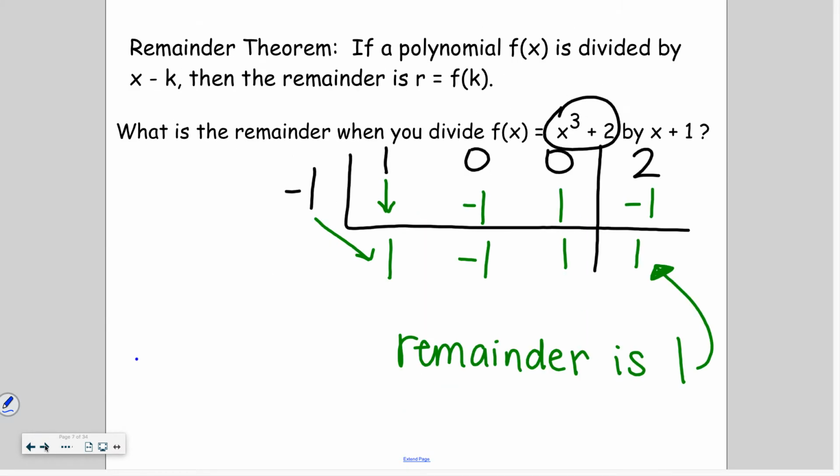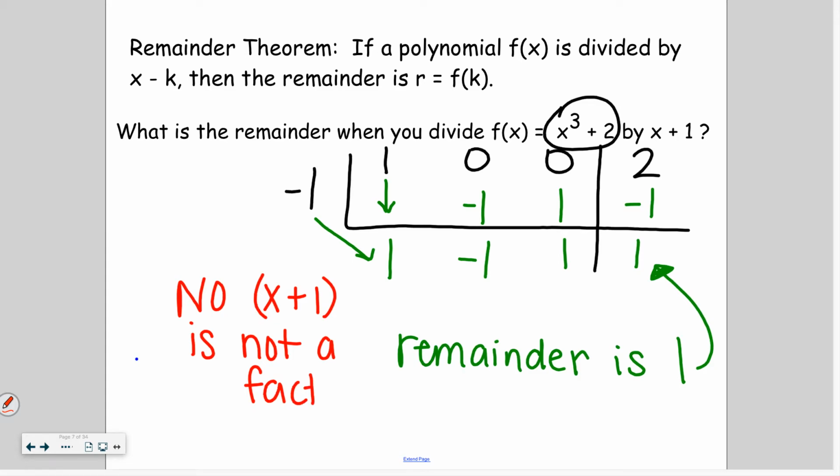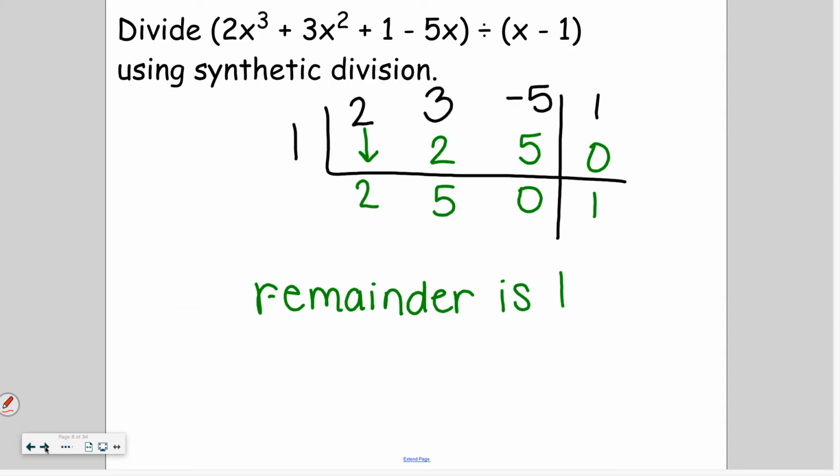Okay, so if I look at this one, my remainder is 1. So this would be a no. No, x plus 1 is not a factor. Our reason behind that is right here. The remainder is 1.